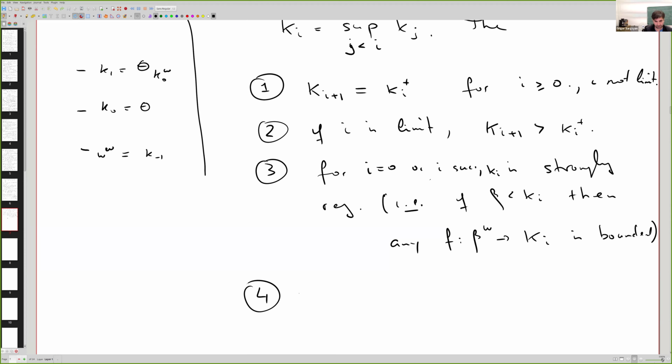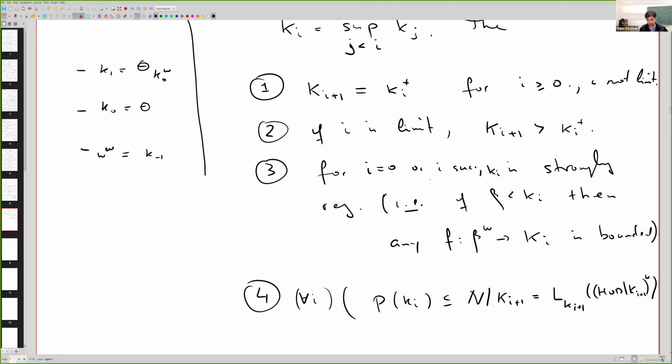So for every I, the power set of kappa I is contained in n up to kappa I plus 1, up to kappa I plus 1 to the omega. This is key.